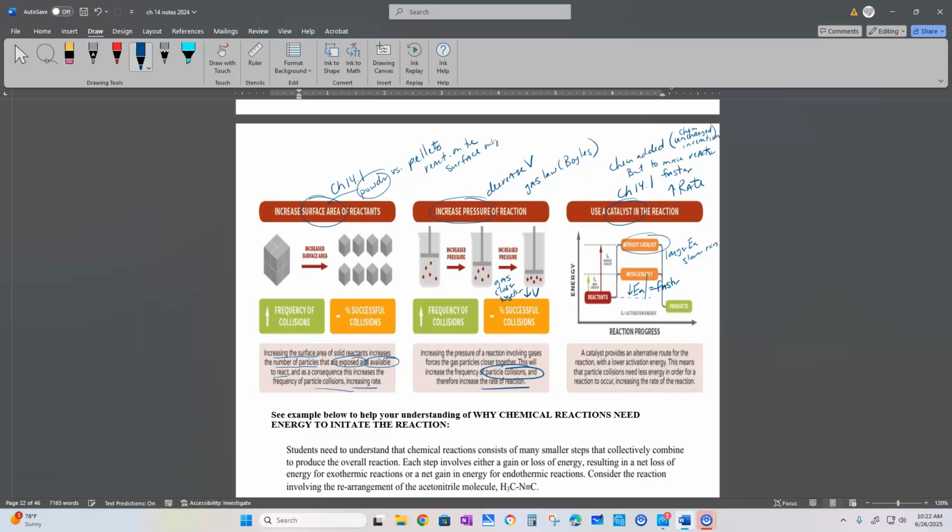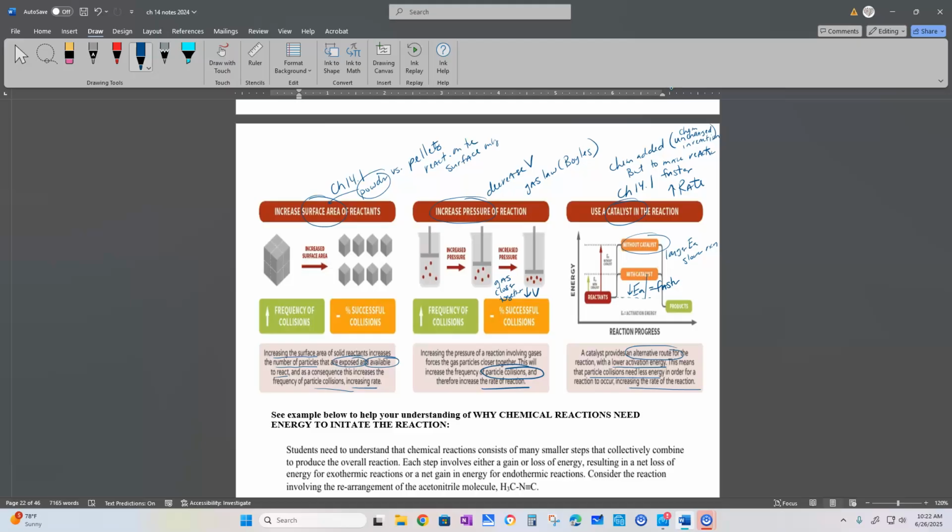We're going to get to this in this video. A catalyst provides an alternate route for how you get there, and it lowers something called activation energy, this capital EA. This means the particles' collisions need less energy in order for the reaction to occur, making the reaction faster.